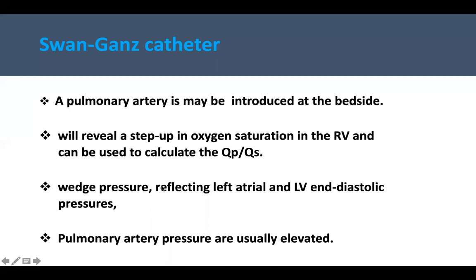We can also see the wedge pressure, left atrial pressure and left end-diastolic pressure, which will help in patient management too. These pulmonary pressures are usually elevated because of the high flow, and the LV is very weak in these patients, so the back pressure in the LA is high.